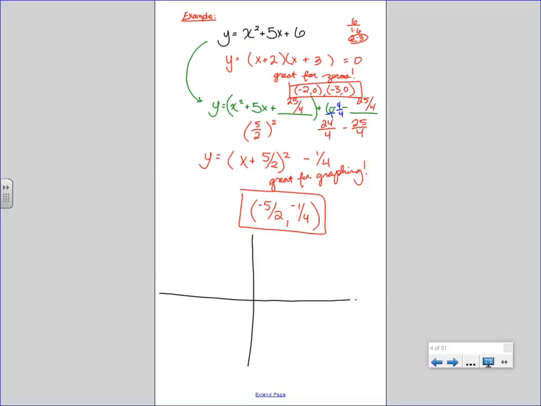Or at least I should say 1 particular one and then 2 others. 1 particular one would be the vertex. The vertex being negative 5 halves is 2.5, right? Then we go down 4. Bingo. Then we have our negative 2, 0, our negative 3, 0. Booyah.